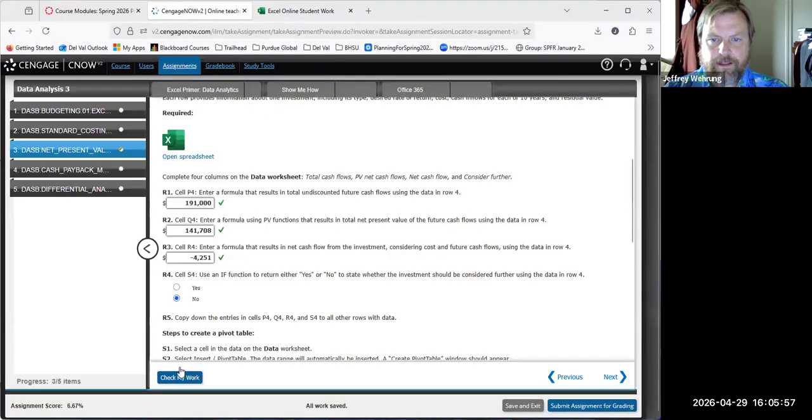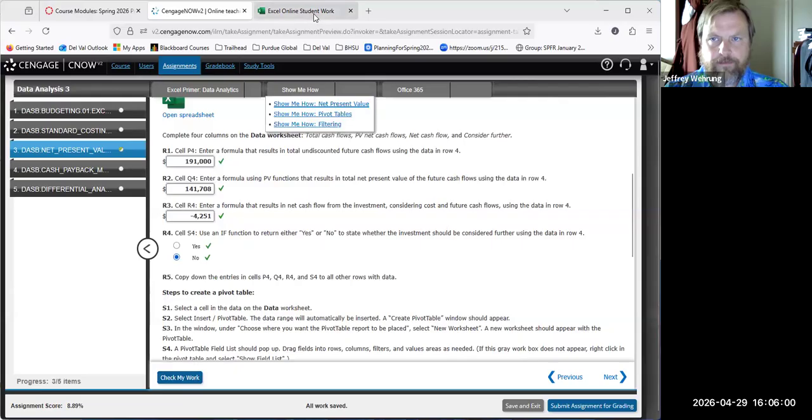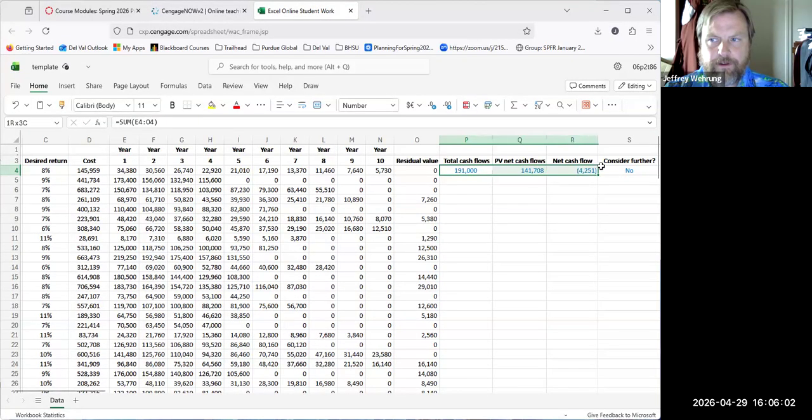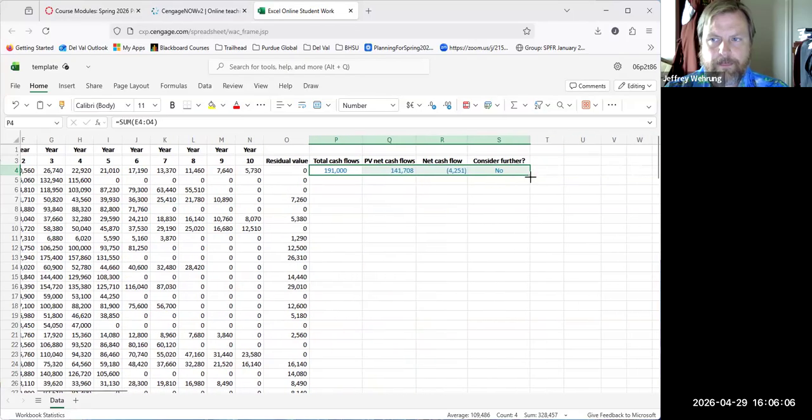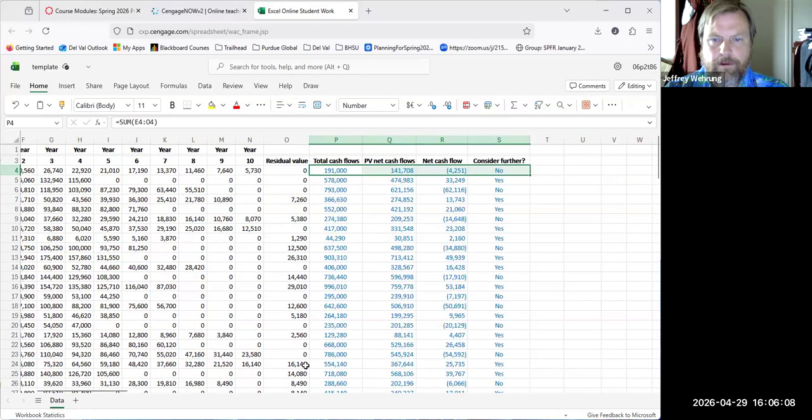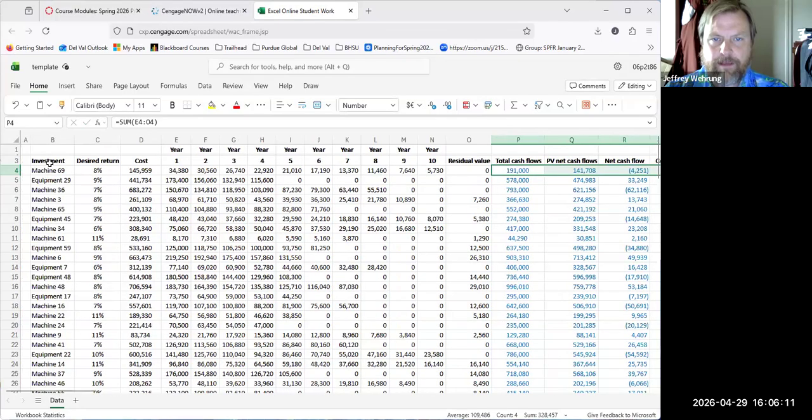Check that. I know it's going to be correct. Now I can copy these all the way down, and I can create my pivot table.